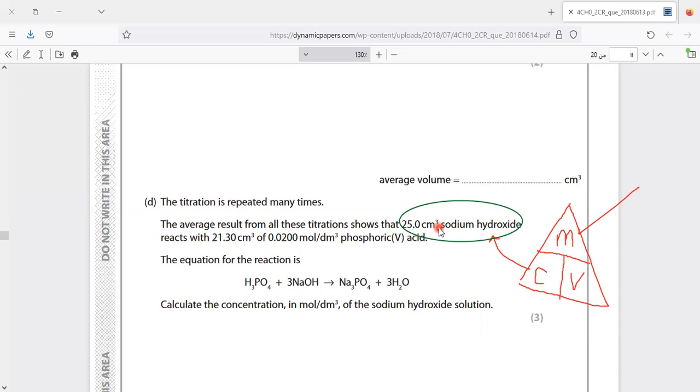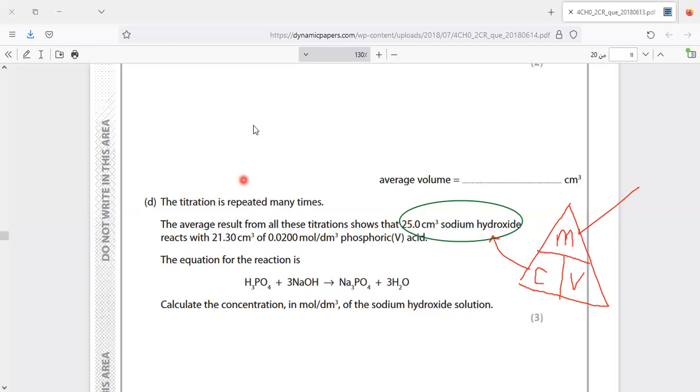By using the second triangle. We convert the volume to decimeter cube. After that, we divide the volume by 24.